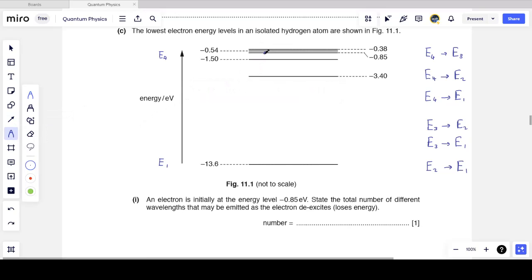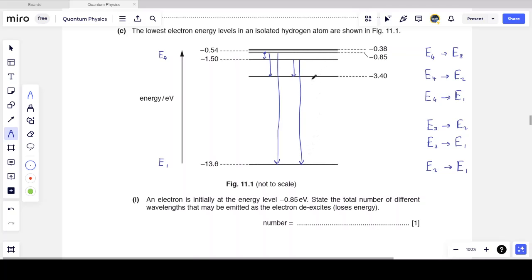So I said E4 to E3, and then E4 to E2, and then E4 to E1. The lengths of these lines are different, the energies are different, so the wavelengths of the photons produced are different. Then I go from E3 to E2, and E3 straight to E1.